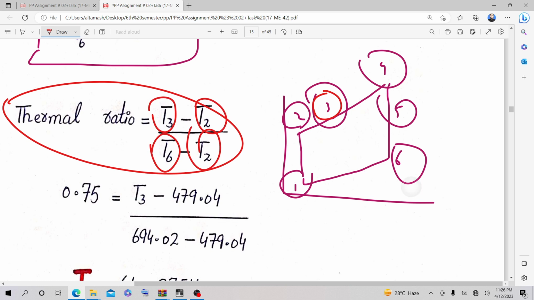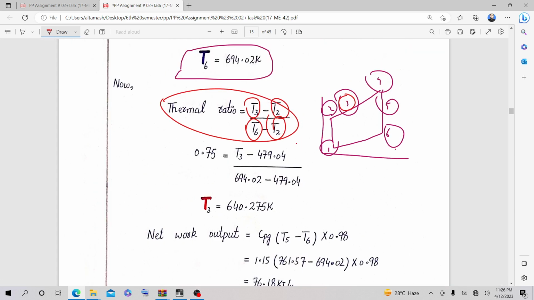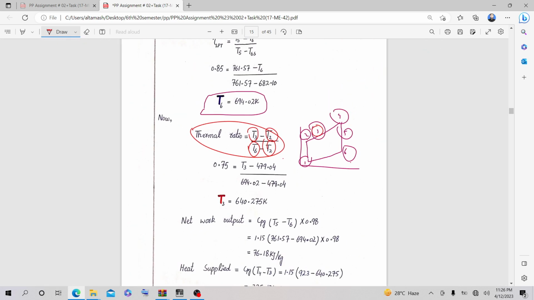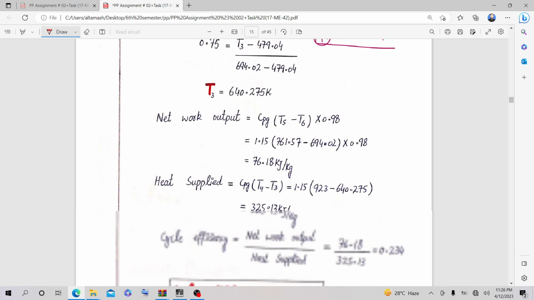In the denominator we have the output of the low pressure turbine minus the output of the compressor, and in the numerator we have the output of the heat exchanger minus the output of the compressor. So we will use this concept to actually solve it.